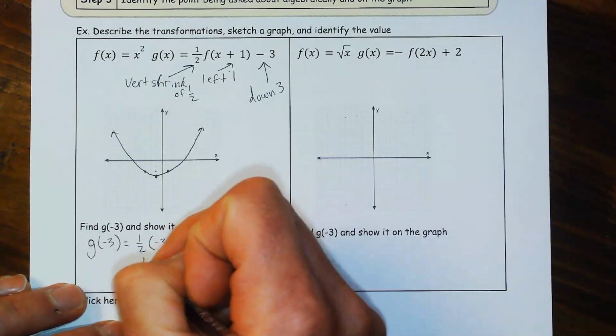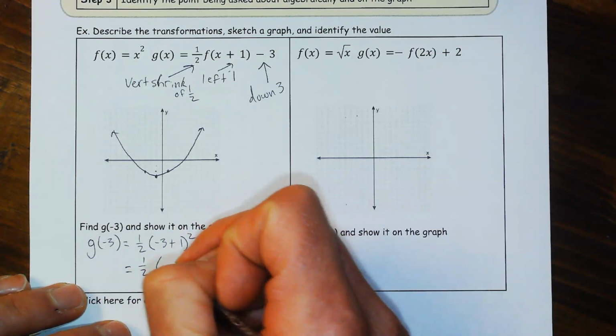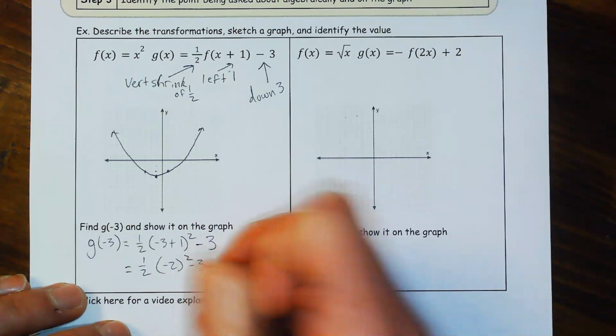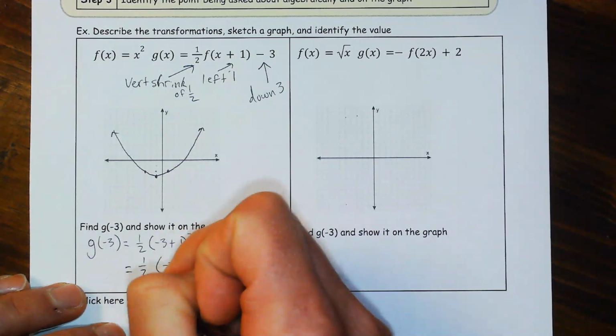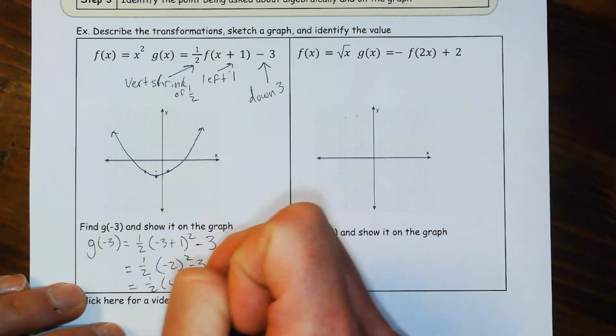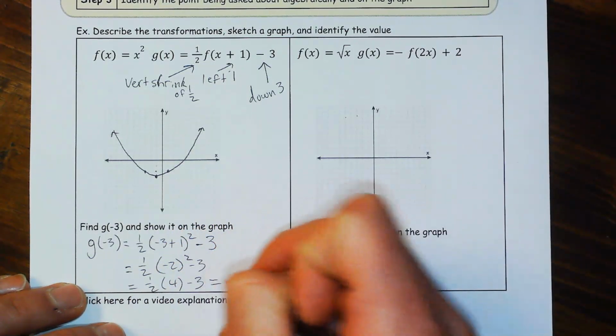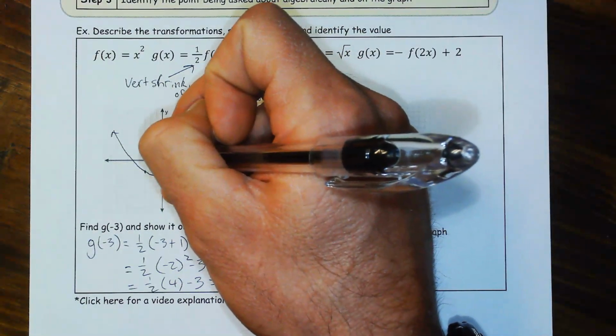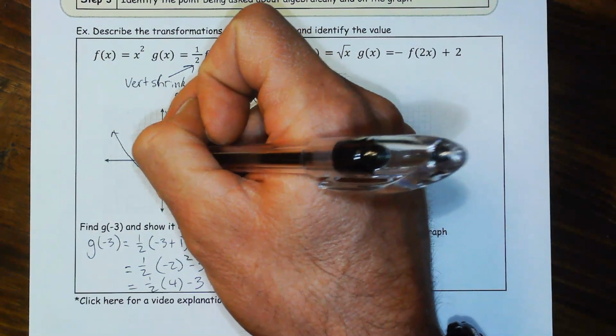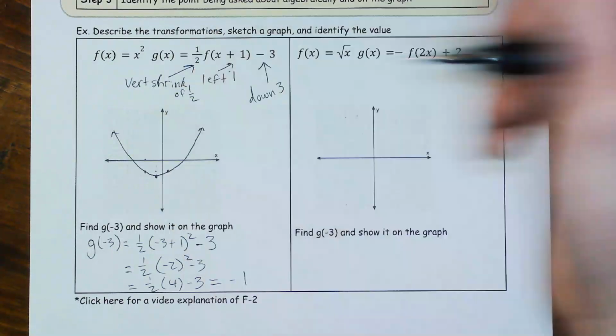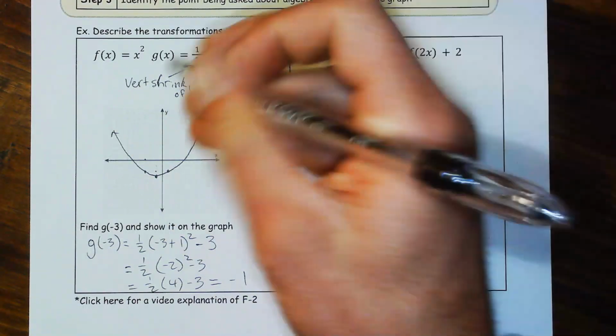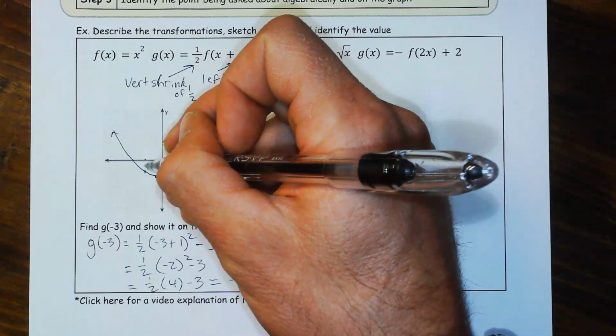Equals 1/2 times -2 squared minus 3. That's equal to 1/2 times 4 minus 3, which is equal to -1. So if I go to -1, 2, 3, I should be at -1.